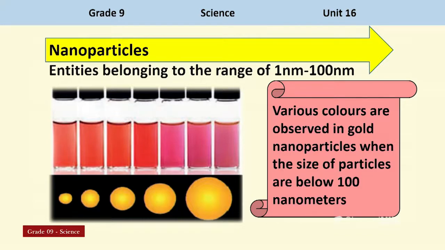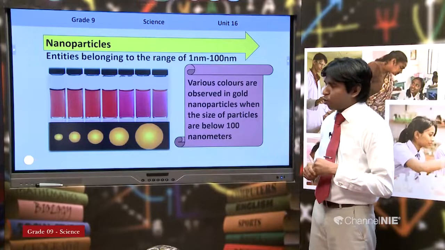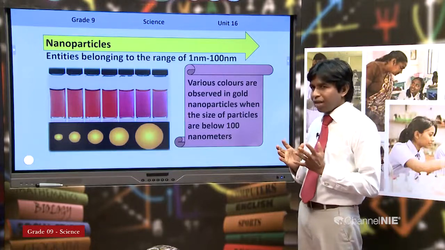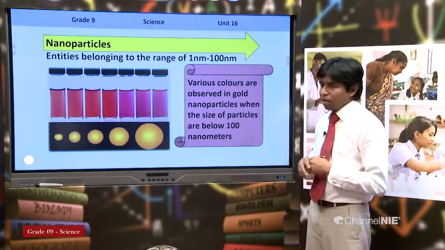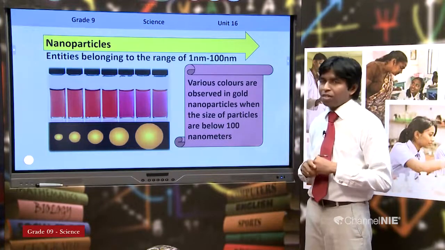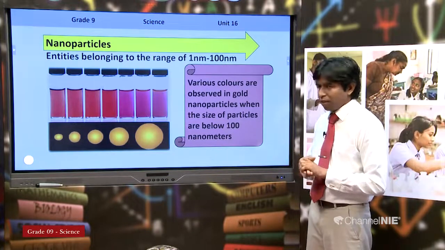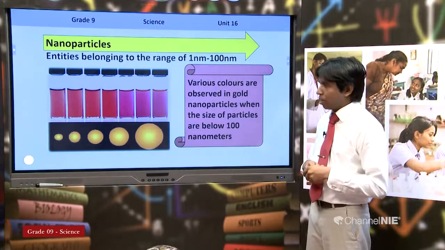When the particle decreases in size, the interaction of gold particles with light changes. Therefore, the color of gold changes with the size of the gold particles. Gold is a less reactive metal, but when the particles become small in size, the chemical reactivity of the gold particles also changes, and it is a very good conductor of electricity.